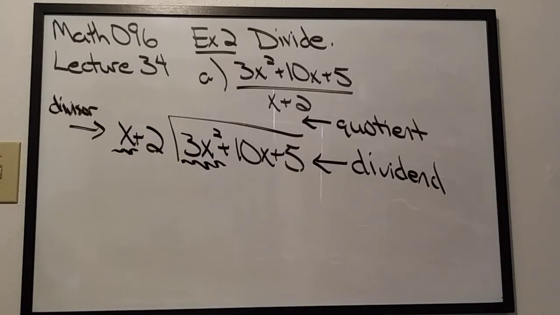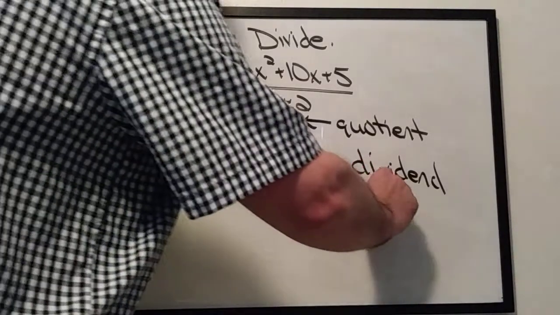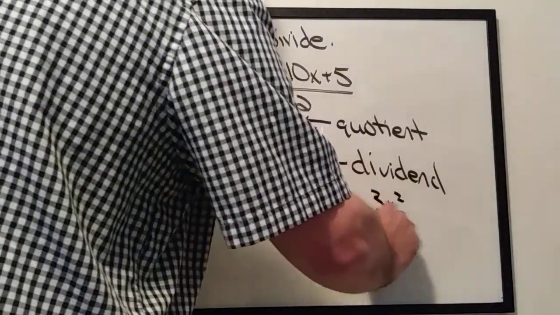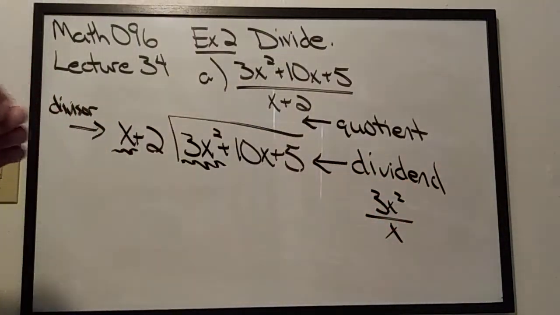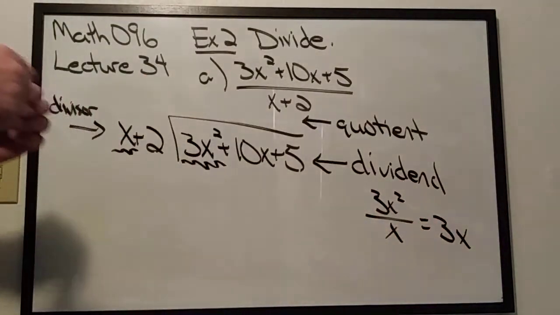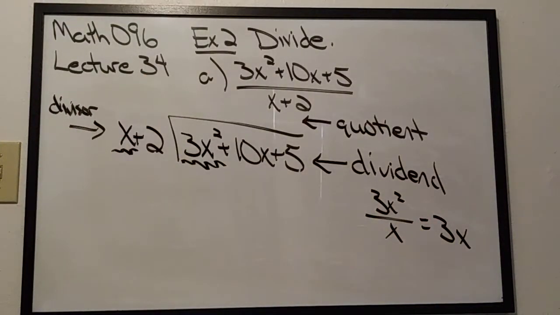In order to answer that question, I'm actually going to go off to the side and just write that as a small division problem. 3x squared divided by x. Well, using my rule of exponents, I know once again that this is going to be a quotient rule problem. X to a power divided by x to a power. I'm going to subtract those exponents, and this is going to be then 3x to the first. So I have an answer now of how many times does x go into 3x squared?